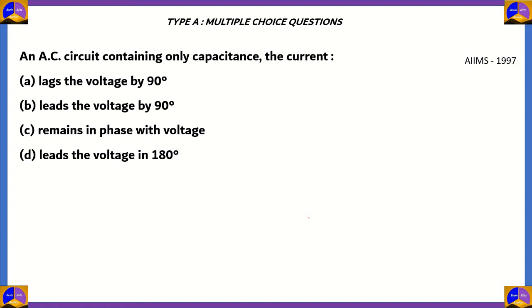So the circuit has an AC source and it has a capacitor. So that's why it's called an AC circuit containing only capacitance. When it comes to instantaneous current and instantaneous EMF, there will be a phase difference when there is capacitance or inductance present.